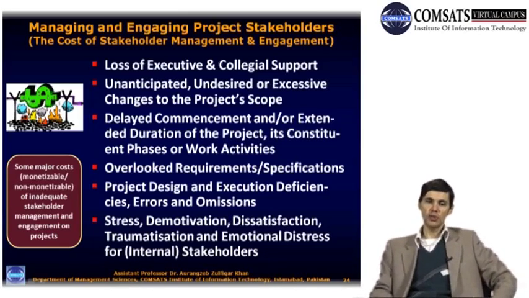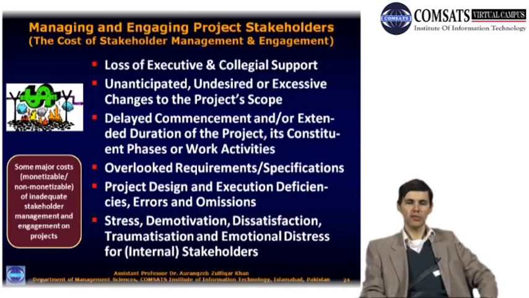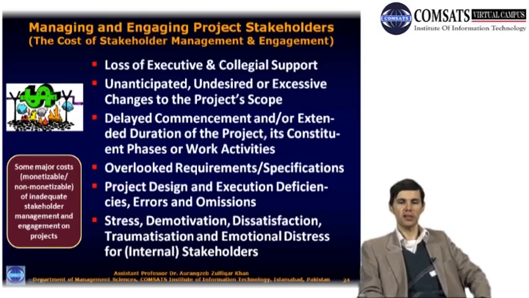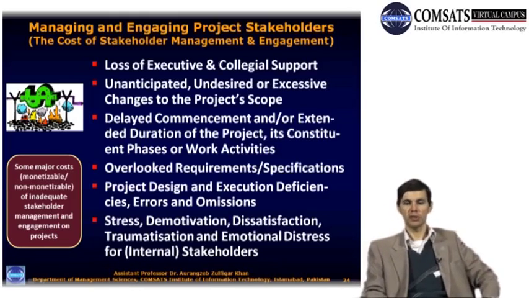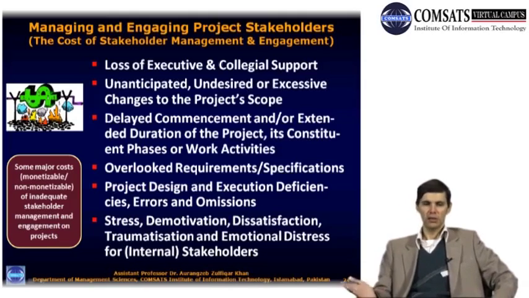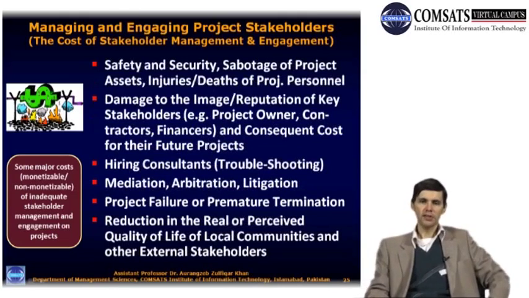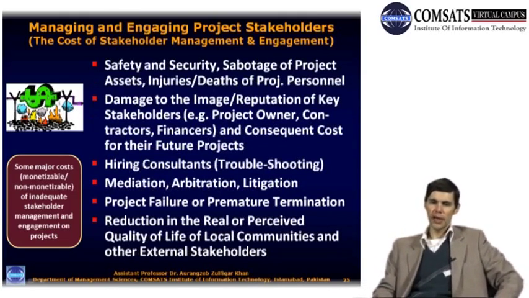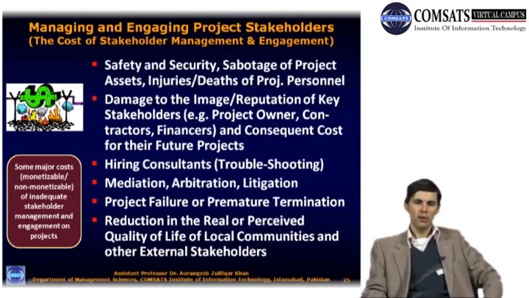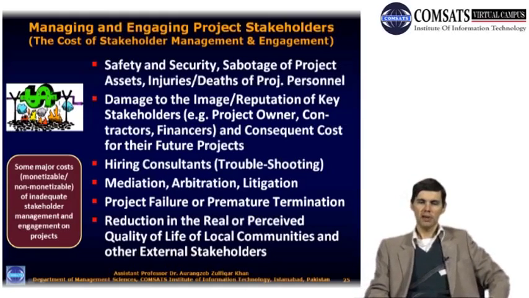Project design and execution deficiencies, errors and omissions, stress, demotivation, dissatisfaction, traumatization, emotional distress. These are all things which can happen if you do not undertake proper stakeholder management and engagement, and the list goes on, and you can see all these things which I have put over here.